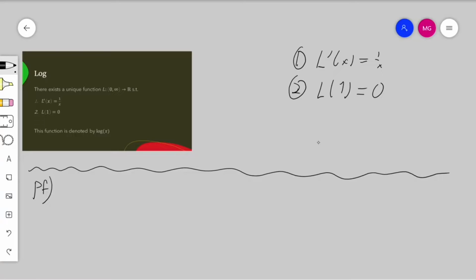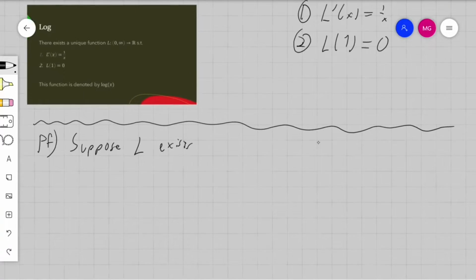First of all, we're going to suppose that L exists. This is to say that at least one function L satisfies these two properties. Later on, we're going to demonstrate the existence of it. But for now, we start with existence, and from existence, we show uniqueness. Right now we want to show that there's exactly one function, assuming that a function exists at all.